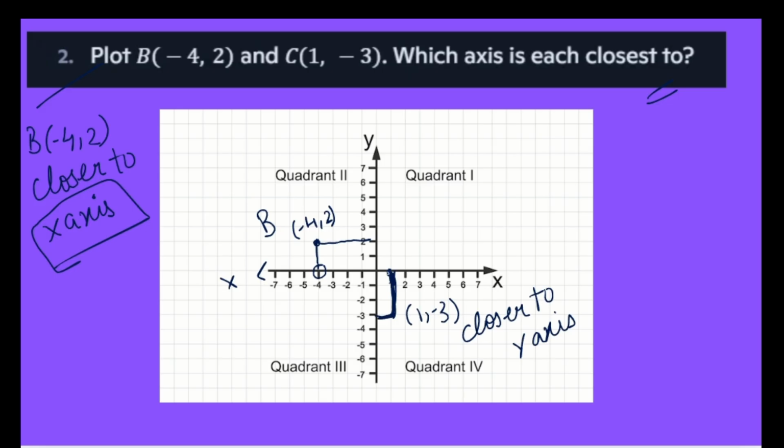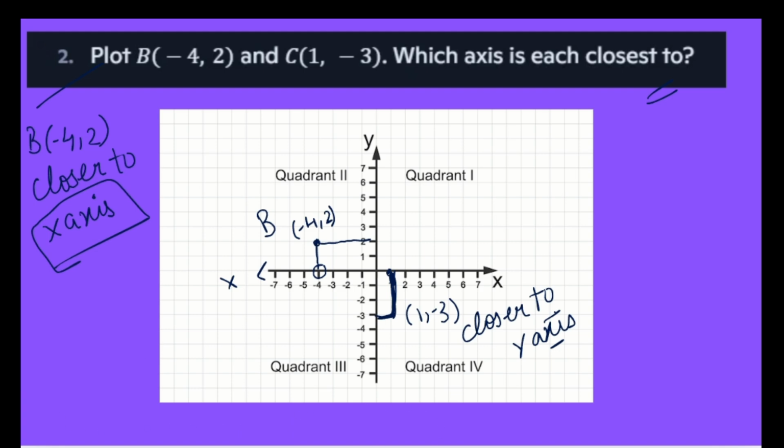It is 3 units from the horizontal x-axis, but 1 unit from the vertical y-axis, so it would be closer to the y-axis. You just have to remember how many units it takes from the horizontal x-axis and the vertical y-axis.